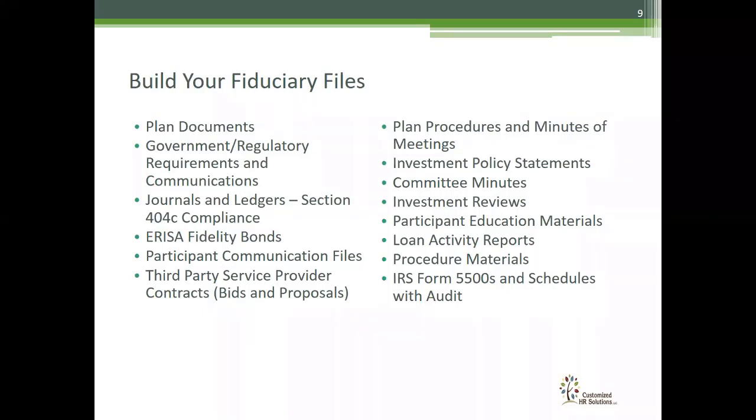I'm not going to go through all of these things that should be in the file, but just a couple of points. One is with regard to plan documents. Keep your plan documents. They're regularly amended and periodically restated, but it's really important to keep that historical record. I'm working on a correction now where we're going back 20 years to do retroactive amendments, and it's really hard to amend a document that you don't have.